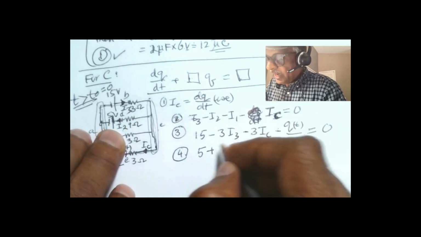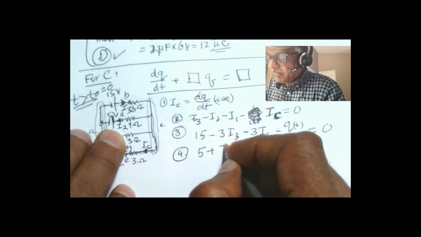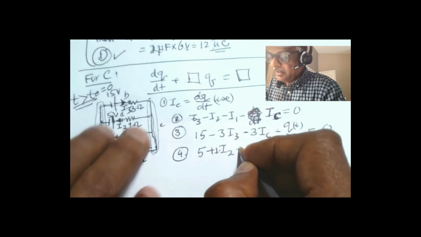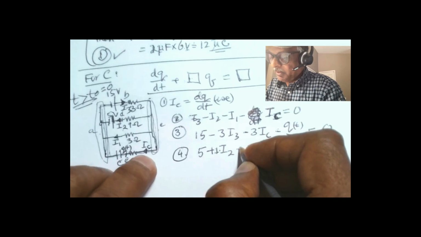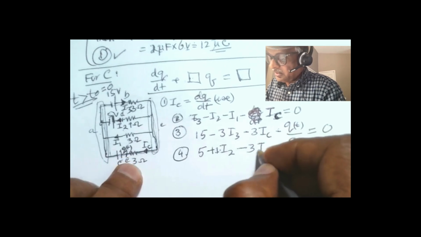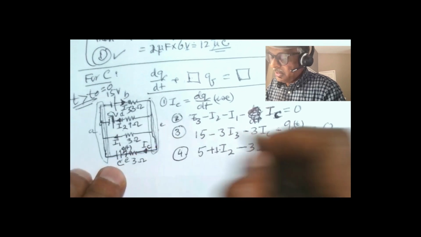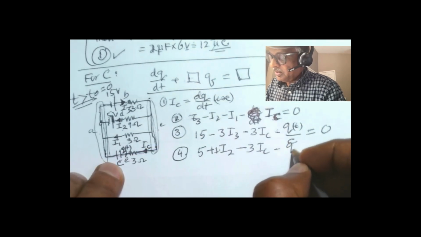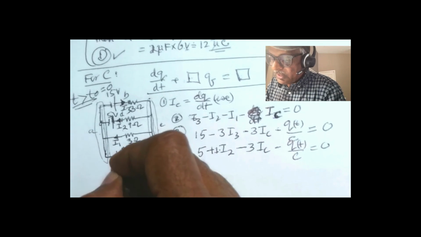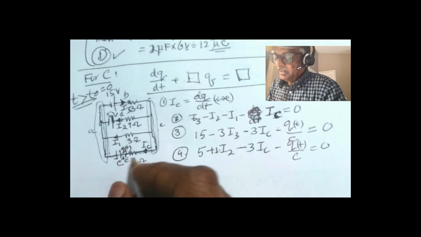Then I'm going to have to add one time I2, and then I'm going in the same direction as 3IC because I'm going to drop here, and then I'm going to drop Q(t) over C. Usually the definition is you're going to the positive plate when you draw a current like this.